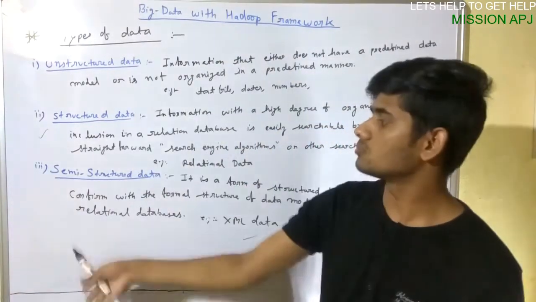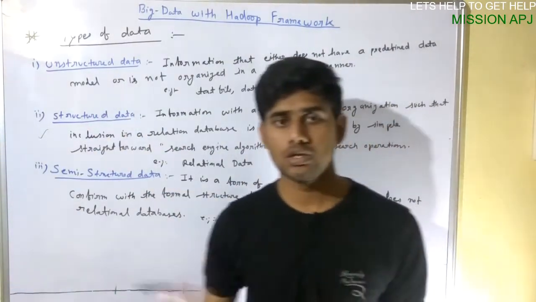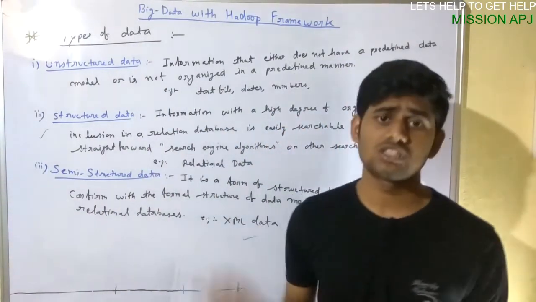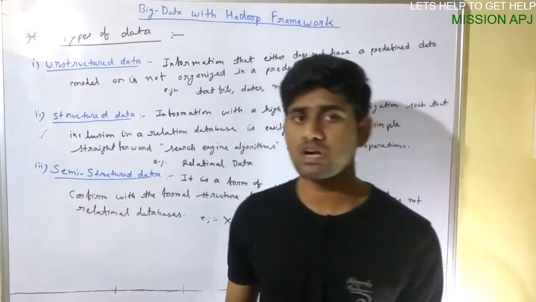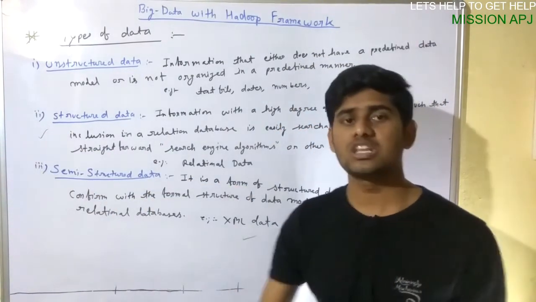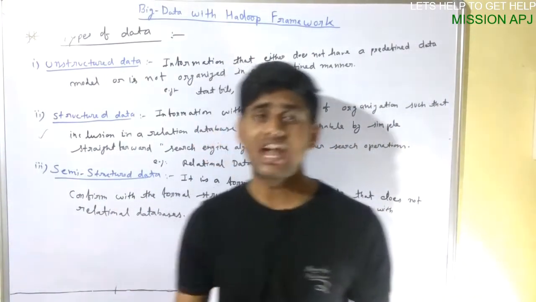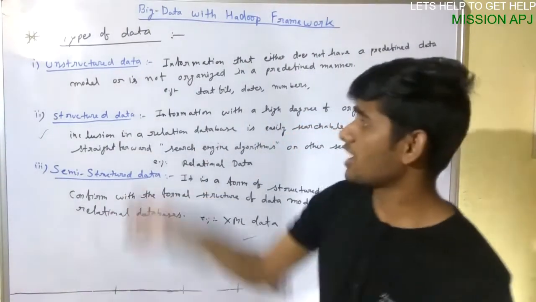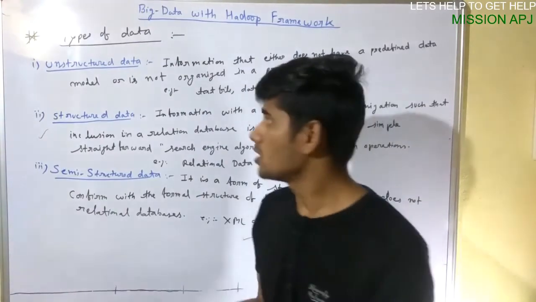We have all three types of data in our life: unstructured data, structured data and semi-structured data. These three types of data we need to process, but RDBMS only handles structured data. So we need some other technique, and from that technique we need to find out our requirements.